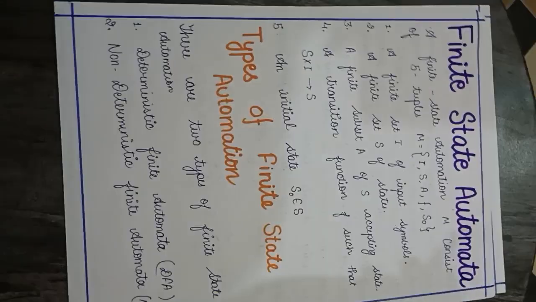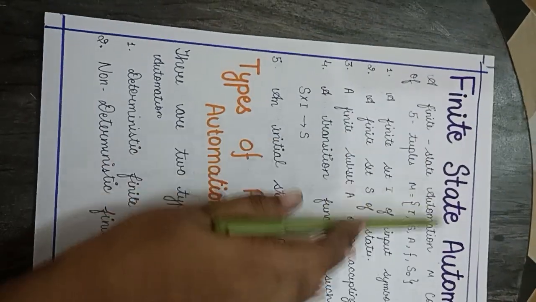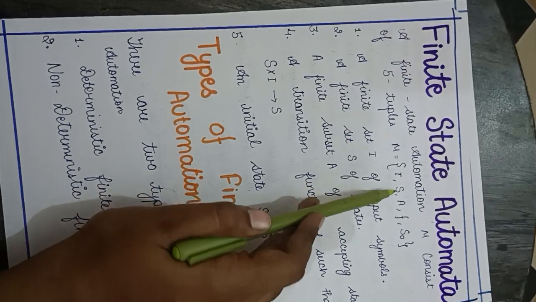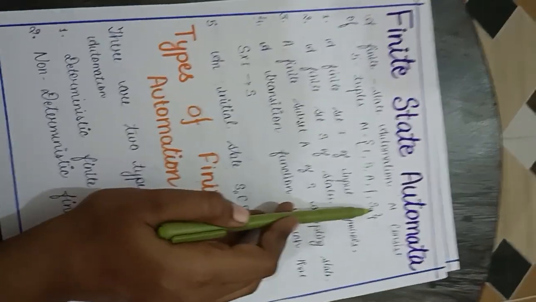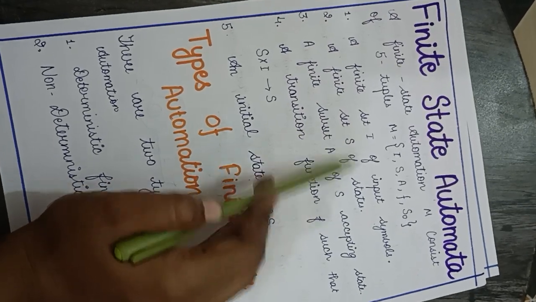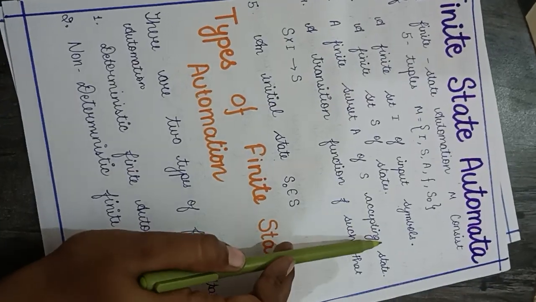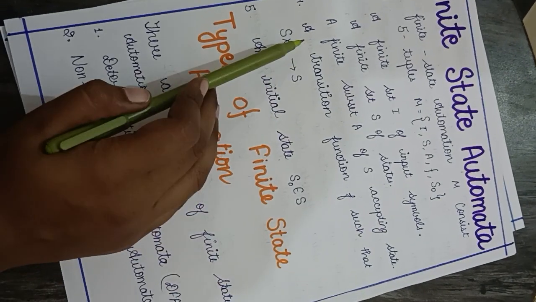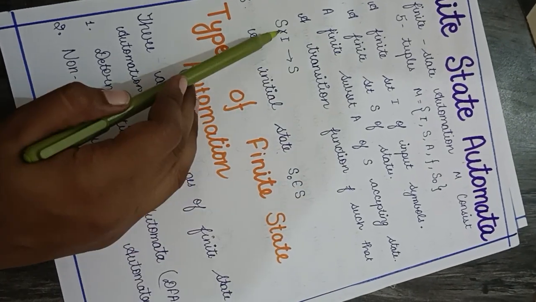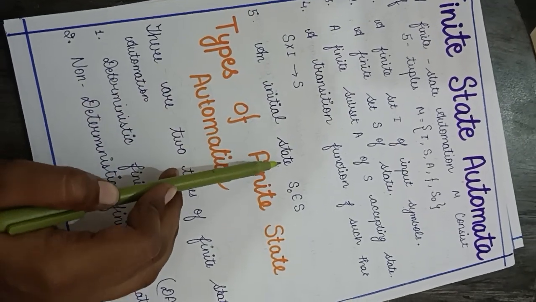Now we will discuss the finite state automata. A finite state automaton M consists of five tuples: M = (I, S, A, F, S0). I represents the input symbols, S represents the set of states, A represents a subset of S, the accepting states, F is a transition function such that S × I gives S, and S0 represents the initial state.